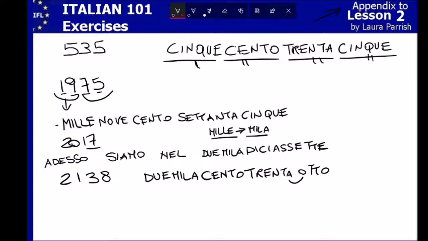But because here there are two vowels, the last vowel disappears, because this 8 is the number 8 and it will be difficult to read. So when you have the number 8, because it starts with a vowel, you eliminate the last vowel of the last number here, and it becomes just 2138.